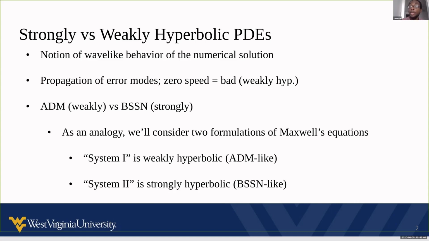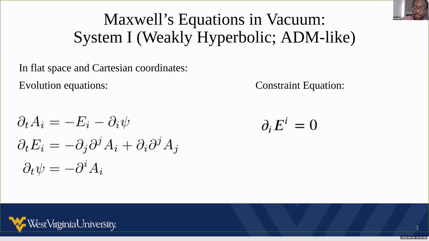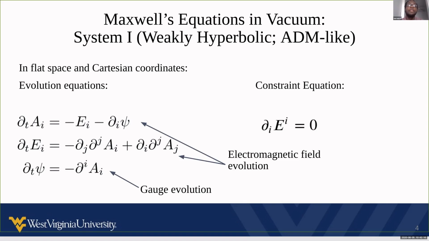So we start off with the evolution equations, and we're solving Maxwell's equations in vacuum, in flat space and Cartesian coordinates. Again, this is just a demonstration, so we're keeping everything simple. On the left-hand side, we have the evolution equations of the fields, and you'll notice that we're evolving the vector potential instead of the magnetic field, and that's to guarantee that the divergence of the magnetic field always stays down to round-off error.